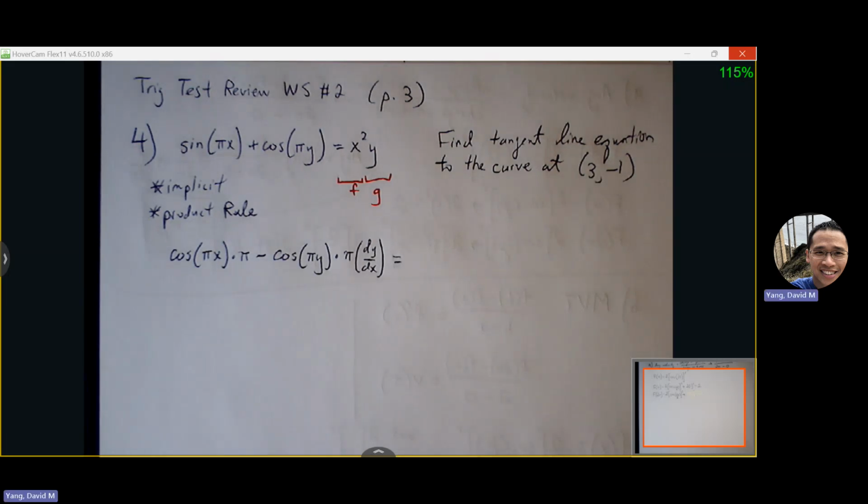Okay. We know that in our derivative step, we're expecting two dy dx's, right? We have two y variables to begin with, so we should have two dy dx's pop up.